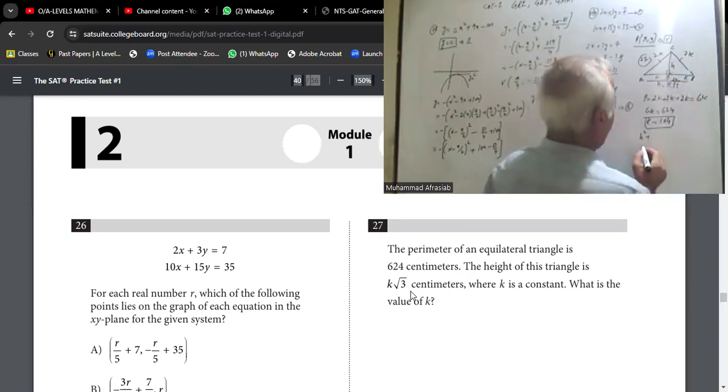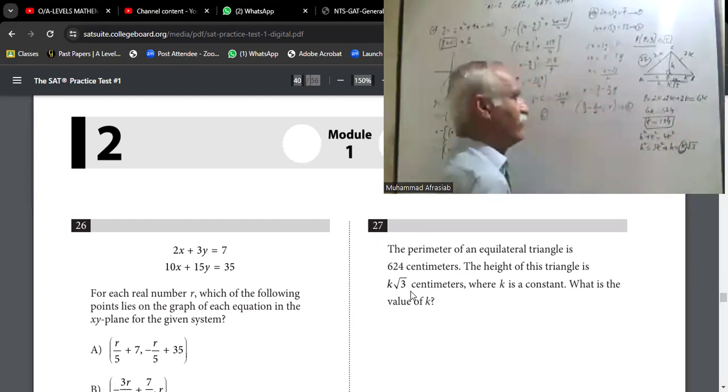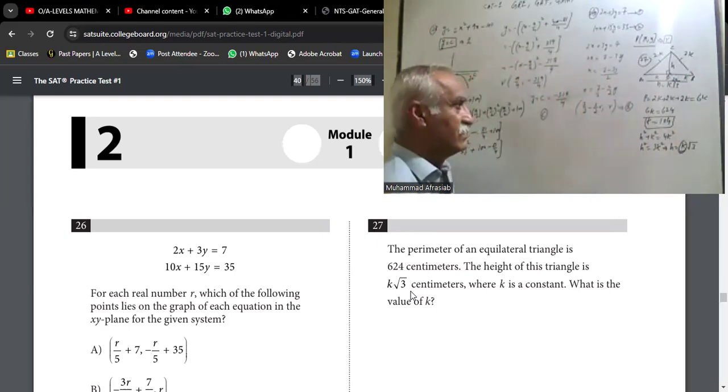So h square plus k square is equal to 4k square, or h square is equal to 3k square, or h is equal to k root 3. So the value of k there is equal to 104, which is going to justify this equation there.